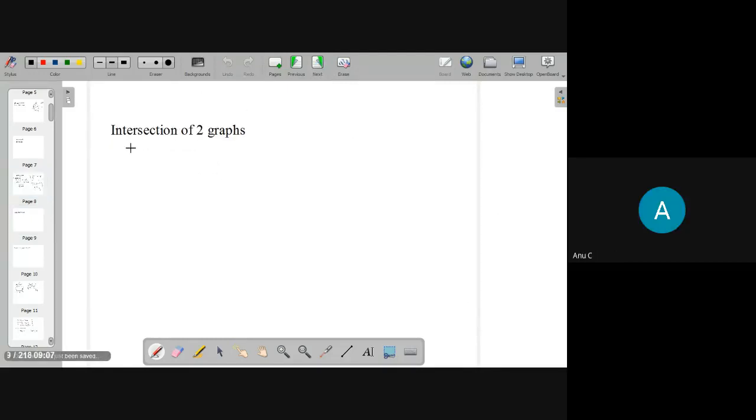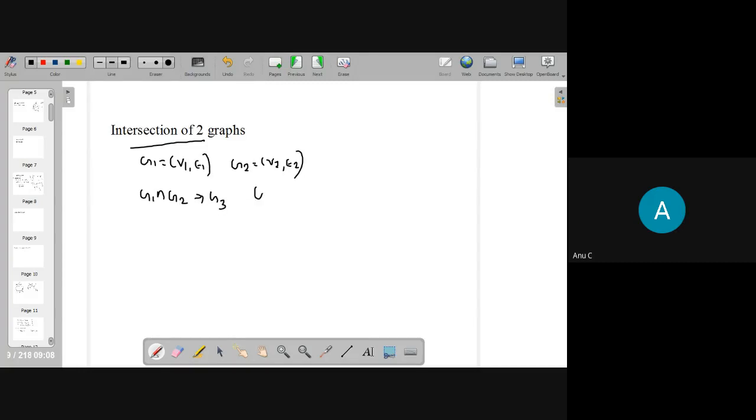The next one, intersection of two graphs. Suppose G1 equals V1, E1 and G2 equals V2, E2. Then G1 intersection G2 gives a third graph G3.